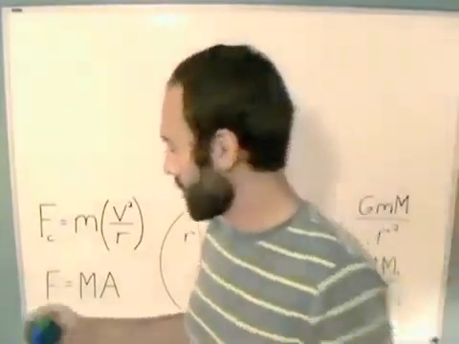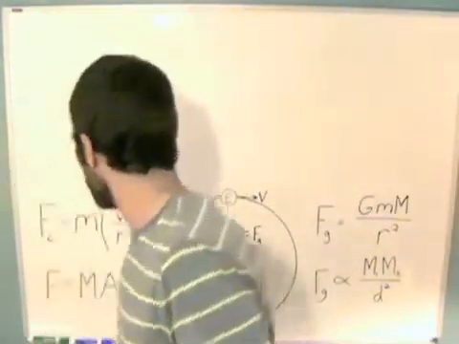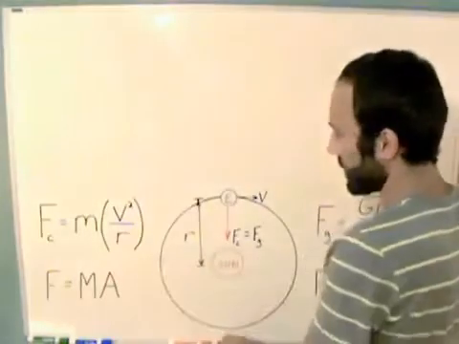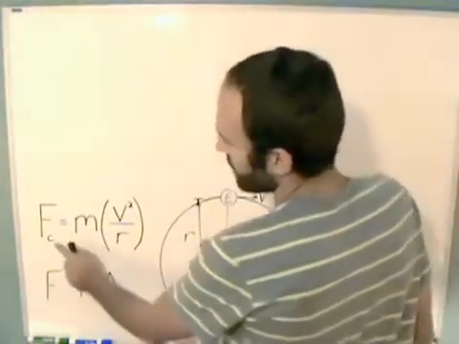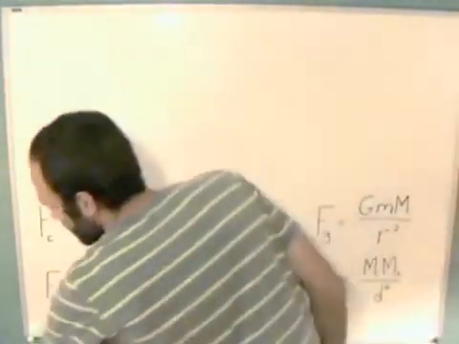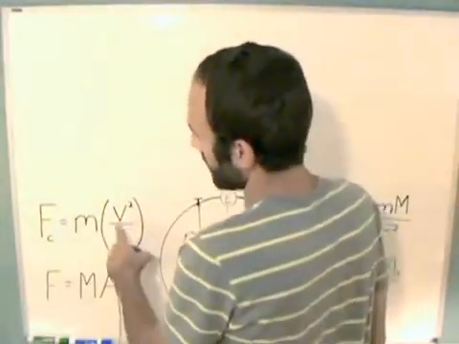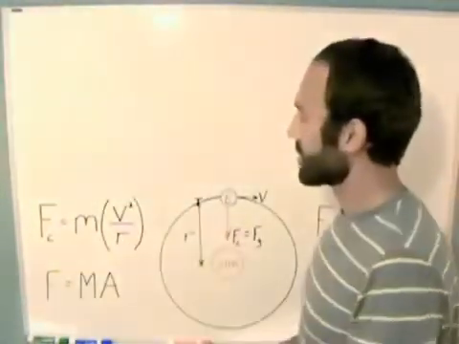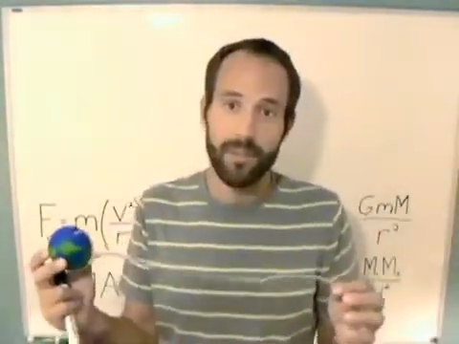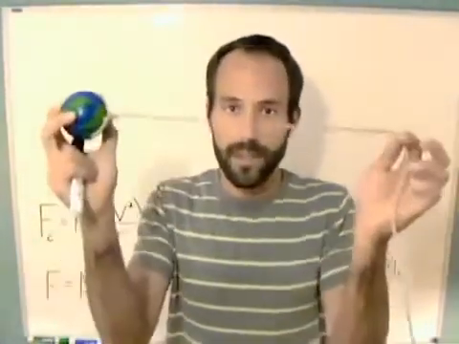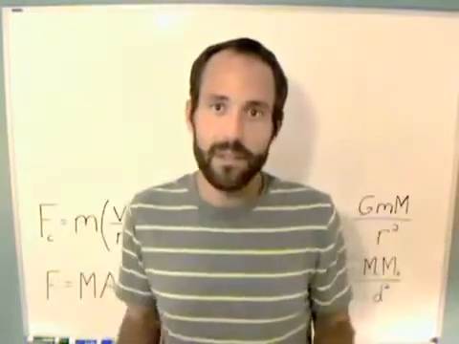Okay. So I have written down the equation for centripetal force over here. It says centripetal force is equal to the mass, or the ball, times the velocity squared divided by the radius. So the velocity would be the speed that it's traveling at around the circle. The radius would be the length of the string in this case.